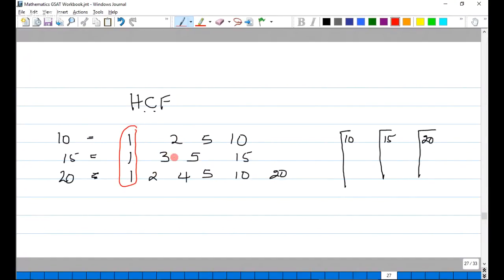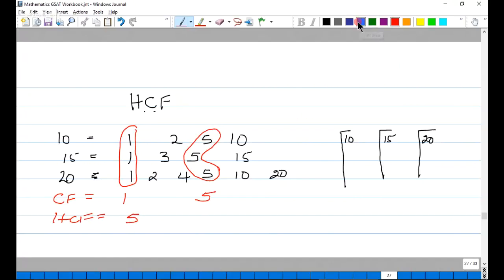No, sir. 4? No, sir. Is 5 common? Yes, sir, 5 is in all 3 lines. Is 10 common? No, sir. We can find 10 in only 2 of them, but not in all 3. Is 20 common? No, sir. So the common factors would be 1 and 5. The highest common factor would be 5.